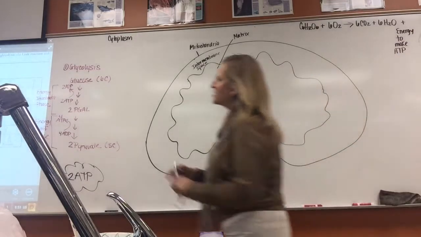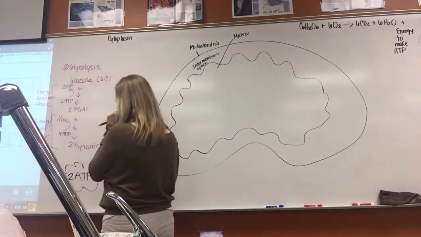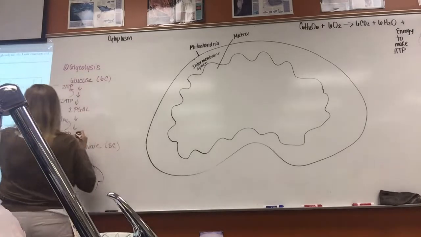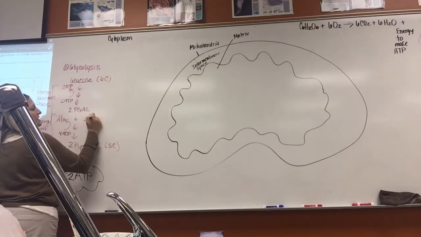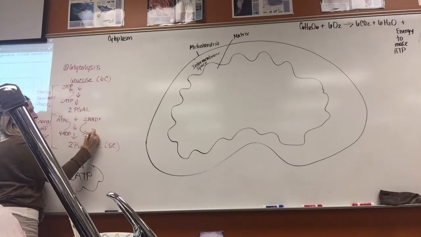Yeah, the NADH. So the NADH right here is an electron carrier. In this process, this happens in the second step. We have 2 NAD pluses converted to 2 NADH.